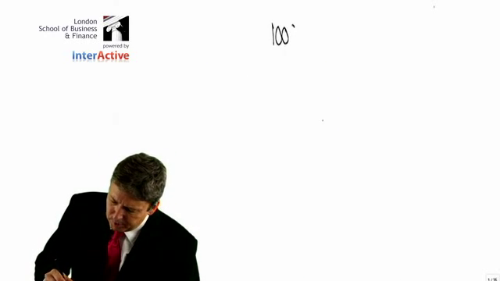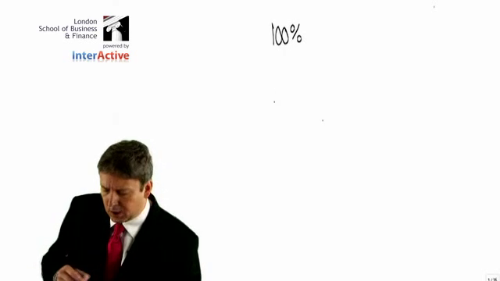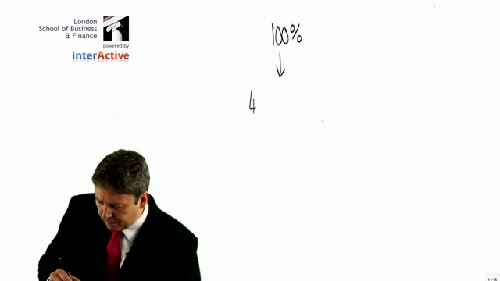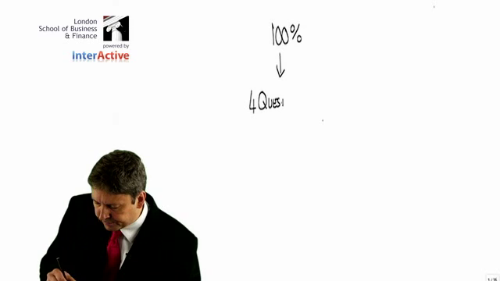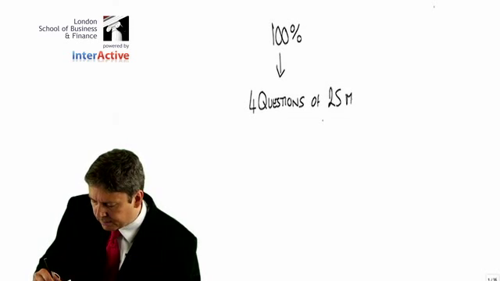So, why is that? 5 topics should be nice and straightforward. Well, the first thing we have to note is what we already know with regard to most of the syllabuses at the F papers. If you remember, we've got, of course, 100% to earn, and we have 4 questions of 25 marks.